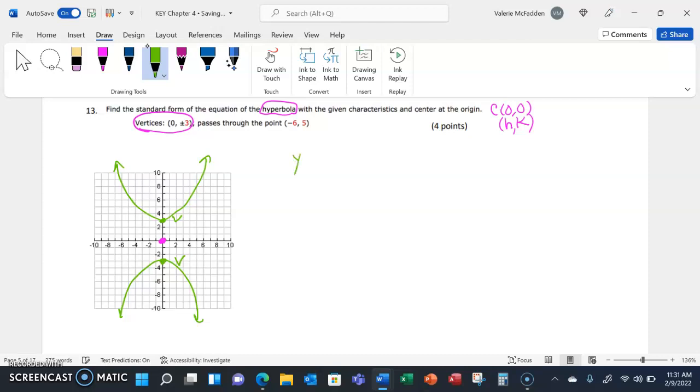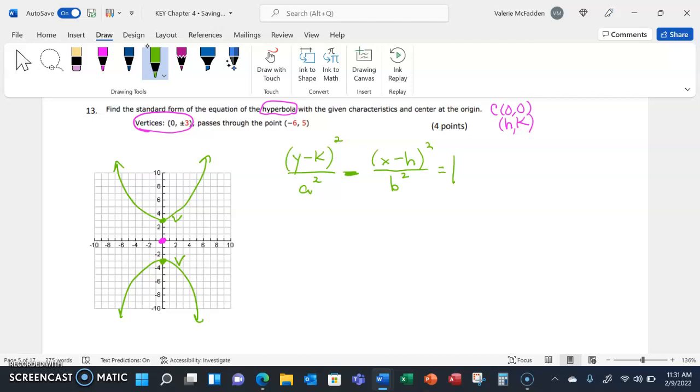The y squared will come first. It's going to be y minus k squared over a squared minus, hyperbolas have a subtraction sign, ellipses have a plus sign, x minus h squared over b squared is equal to 1.